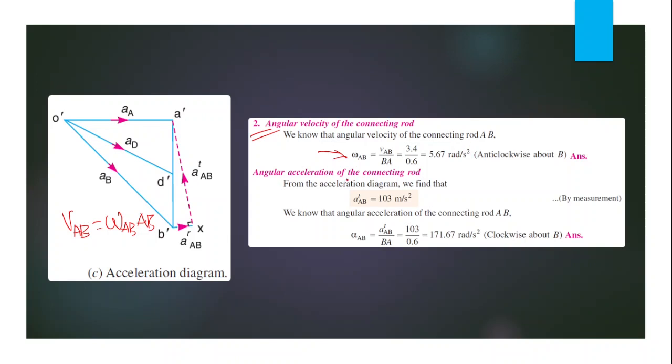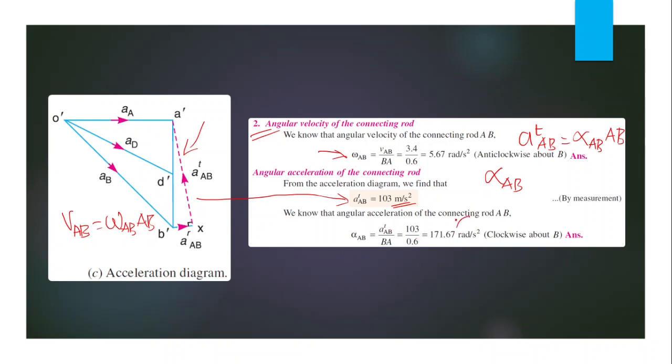Then finally, the angular acceleration of the connecting rod, alpha AB. We already know that the tangential acceleration of A with respect to B is equal to alpha AB into AB. We can measure this length A dash X, and that length into the scale gives 103 meter per second square. Then alpha AB is equal to the tangential component of acceleration of A with respect to B divided by BA.